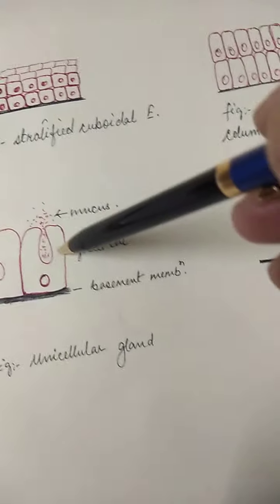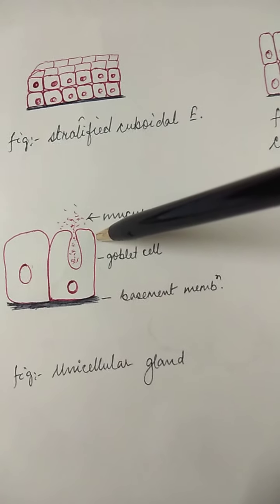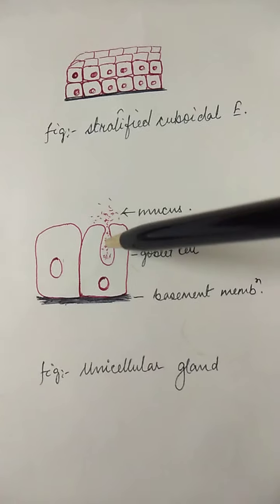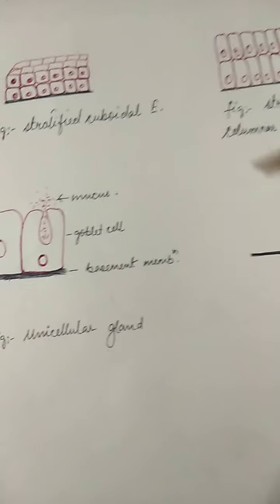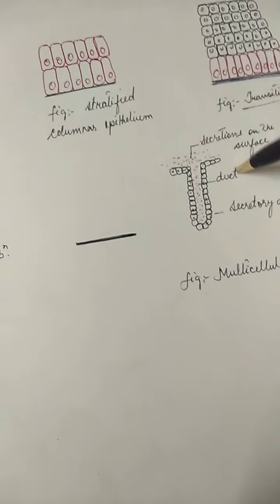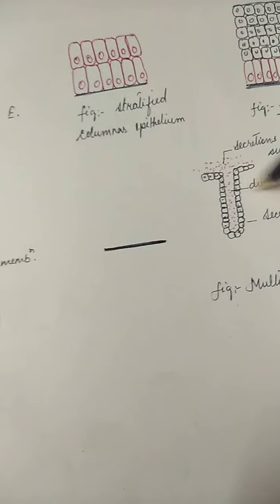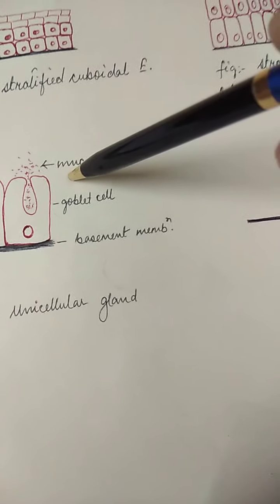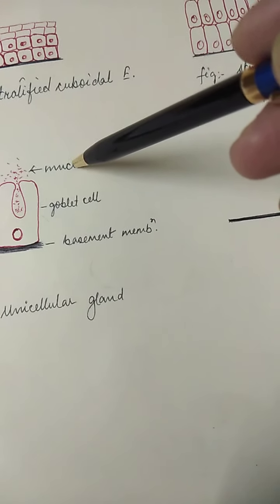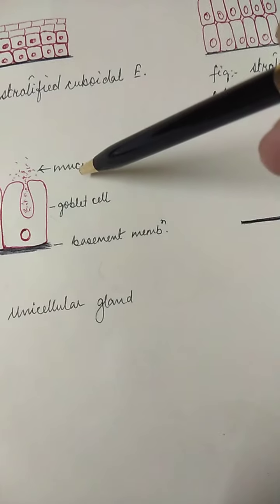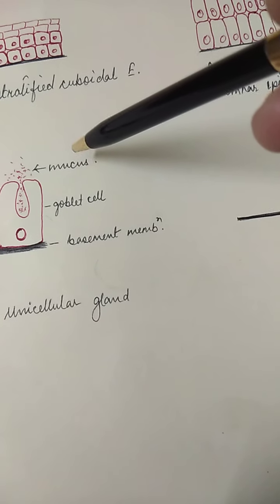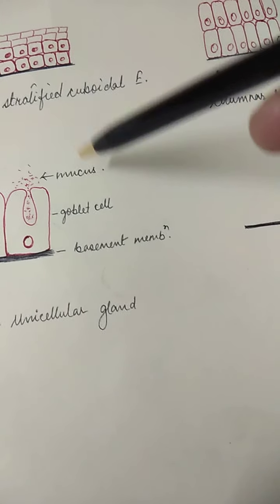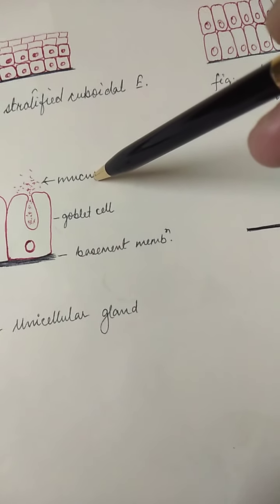Now, some of the columnar or cuboidal cells are modified to form specialized cells for secretions, and hence they are known as glandular cells. These cells secrete mucus, which protects the inner lining of organs from the corrosive activity of the enzymes.